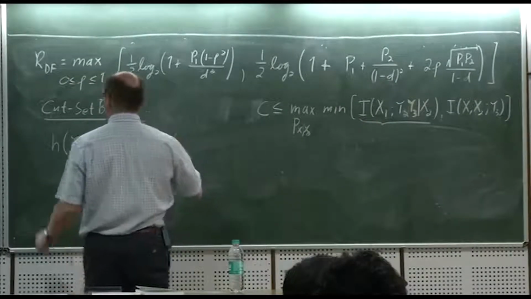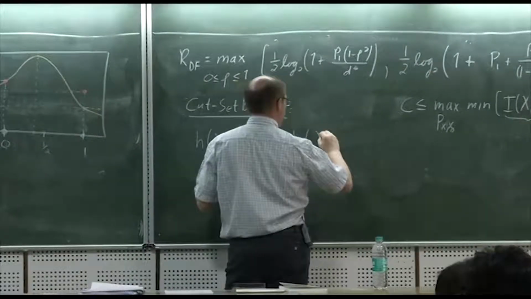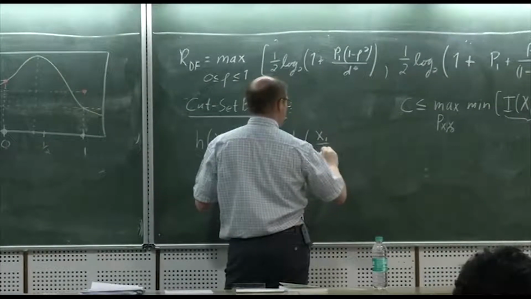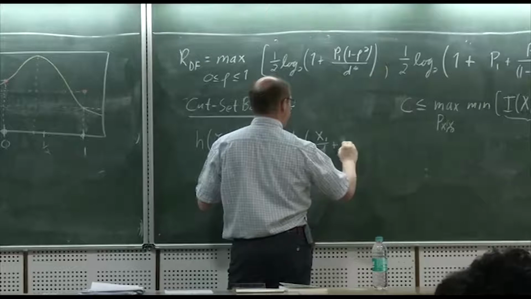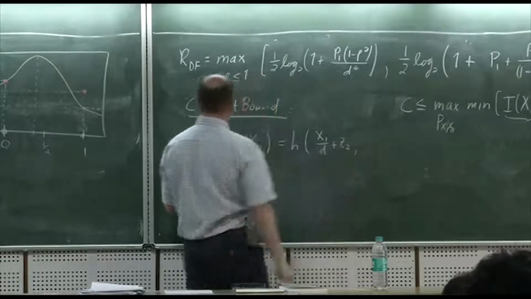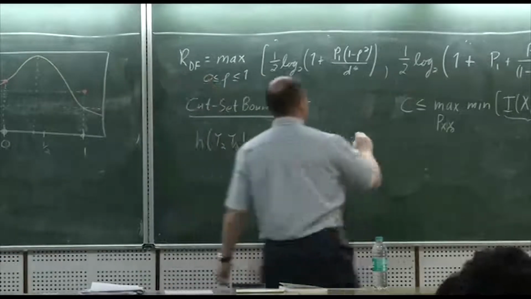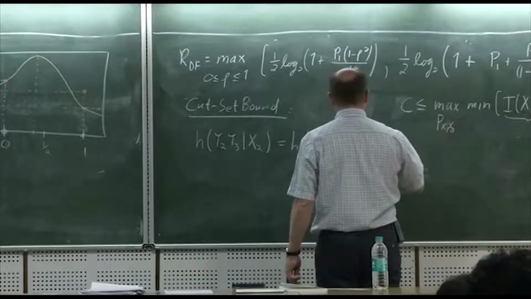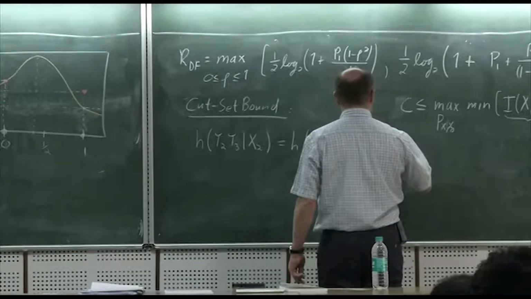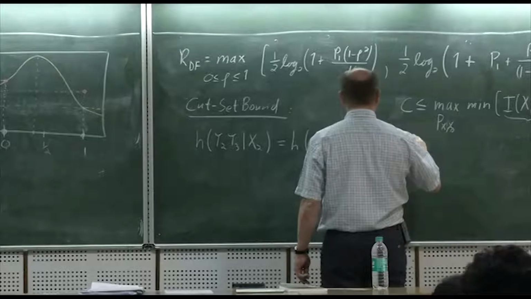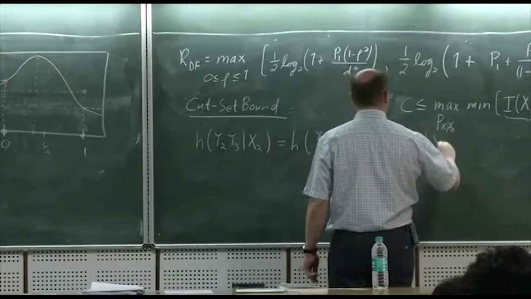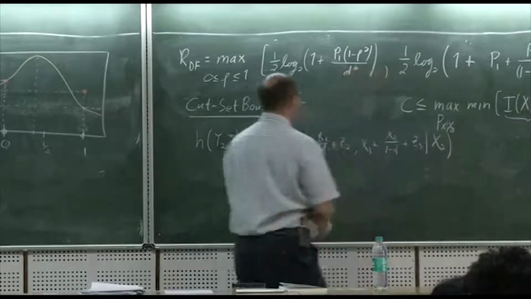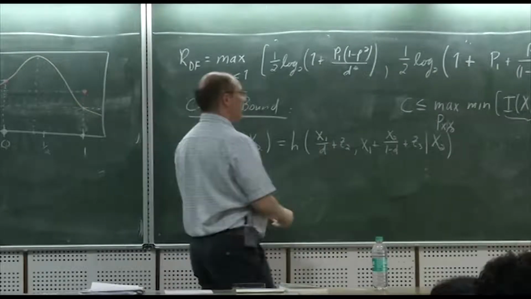So y2 is x1 by d plus z2, right? y3 is x1 plus x2 over 1 minus d plus z3, and now we're conditioning on x2. So of course I can get rid of the x2 term, right?